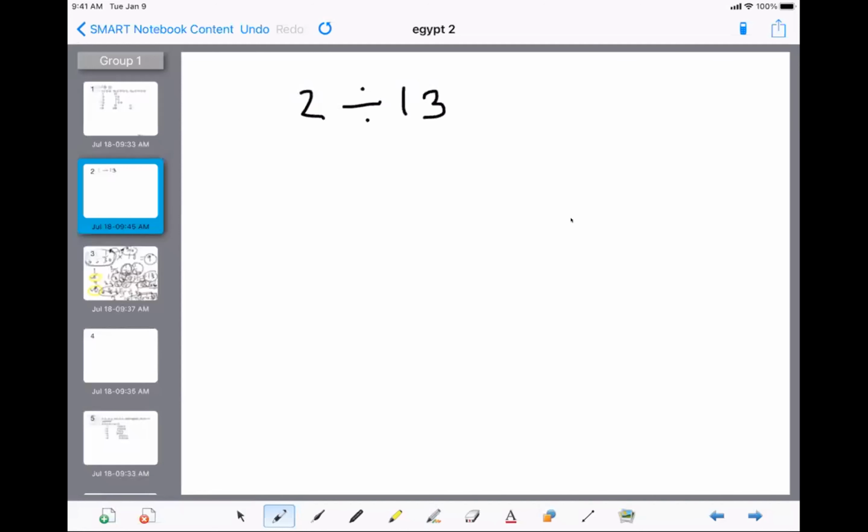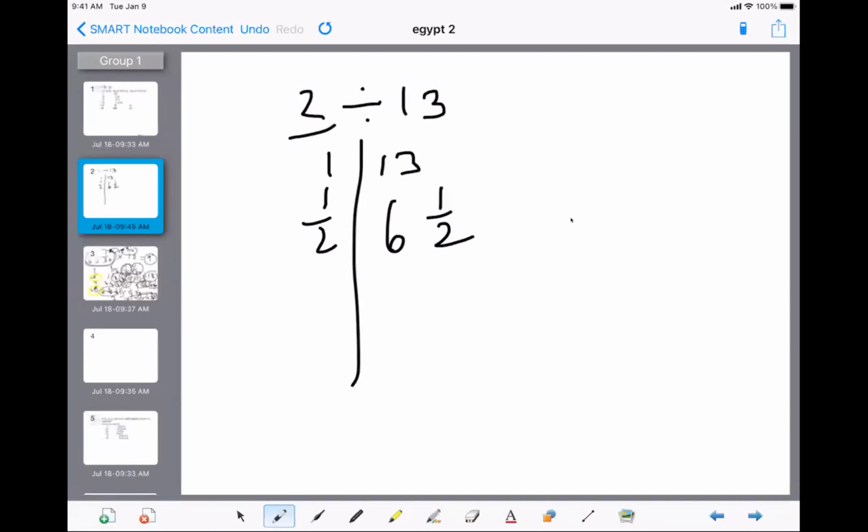So when you're doing 2 divided by 13, we say 1/13. And I'm going to try half first, because sometimes half is a bit of a dead end and you end up needing 2/3, but you might as well try half and see where it's getting you. Well, it's still bigger than 2, so we do a 1/4.